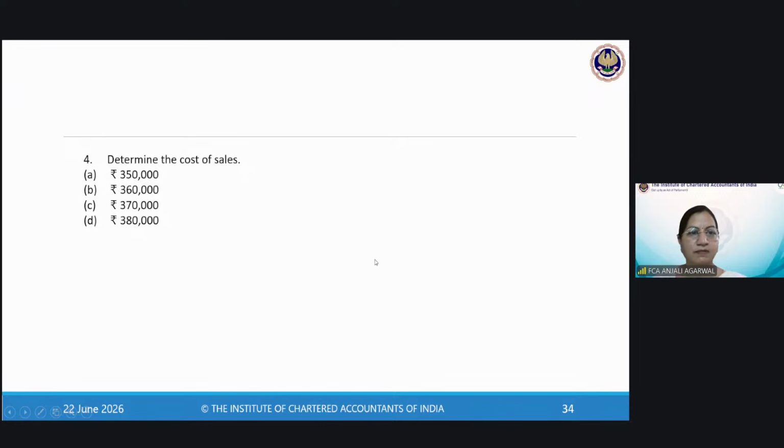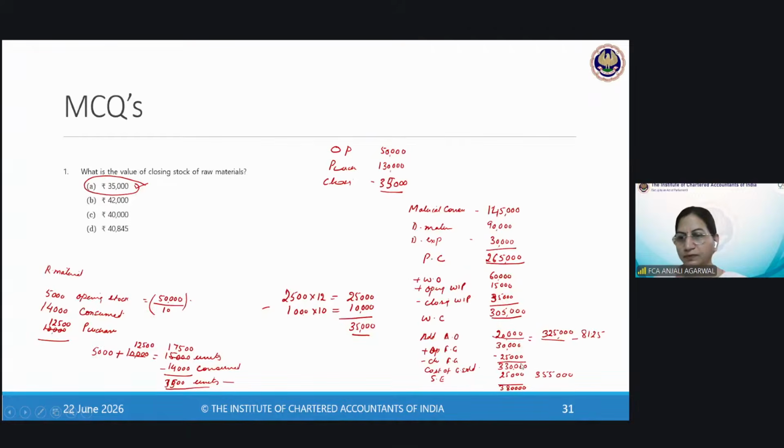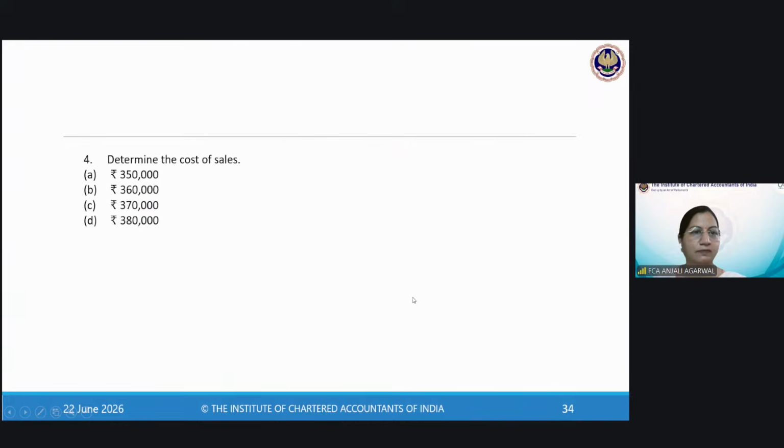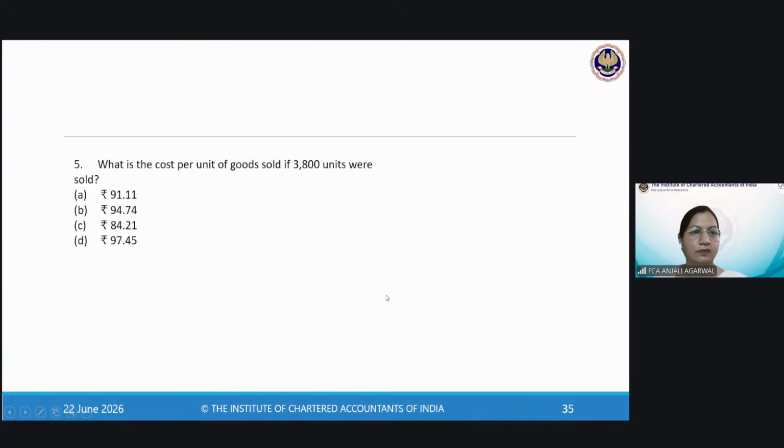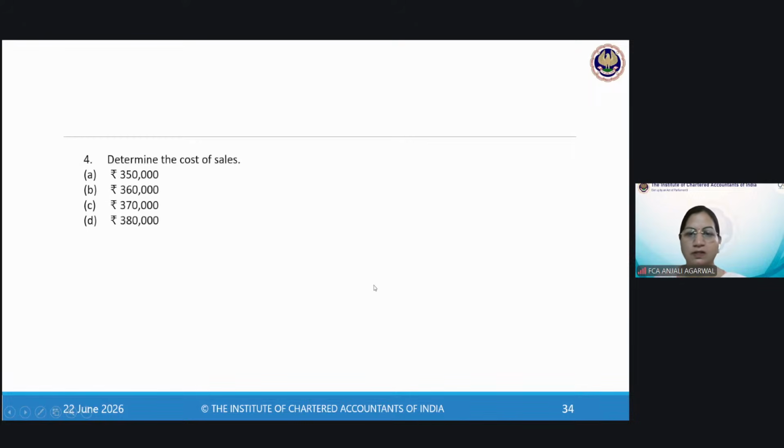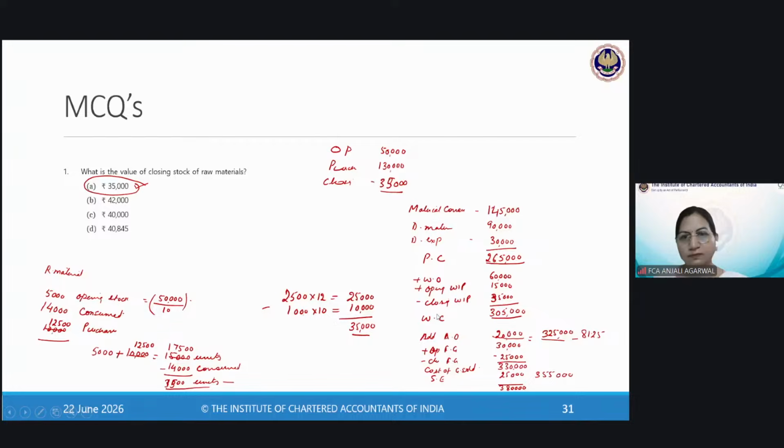Cost of sales, 3,55,000. Okay. And last, cost per unit of goods sold if 3,800 units were sold. So cost of production is not asked, cost of goods sold is asked.